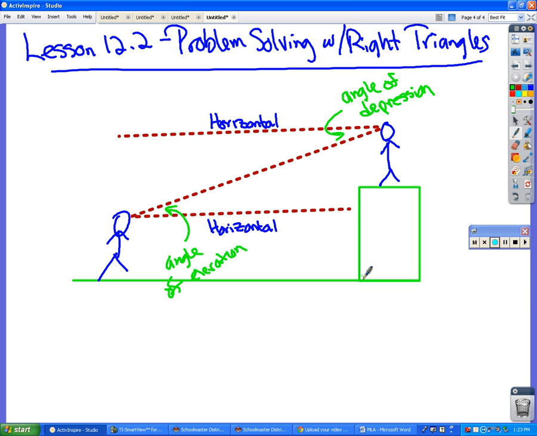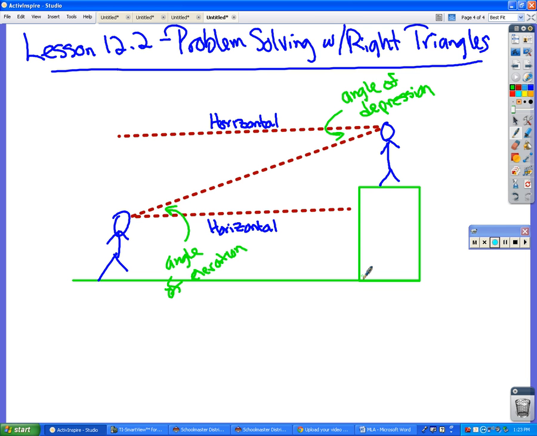So the angle of depression measures how low you're looking below the horizon. The angle of elevation measures how high you're looking above the horizon. Those are two vocabulary words that you need to know. The other thing you need to know is that there's a special relationship between them.